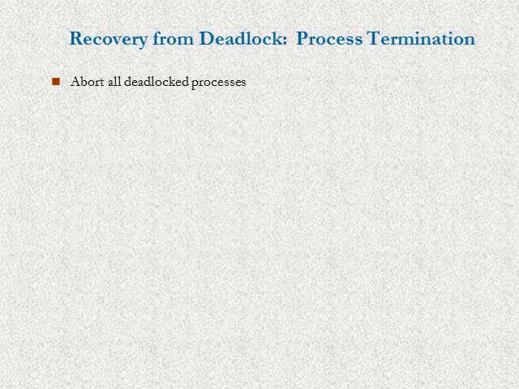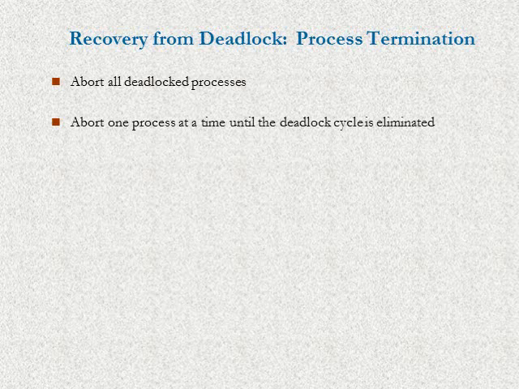Aborting all the processes involved in the deadlock may have several efficiency constraints that are quite intuitive. So we move on to the second method, which is a bit more efficient, where instead of aborting all the processes at once, we terminate processes one by one until the deadlock is eliminated.